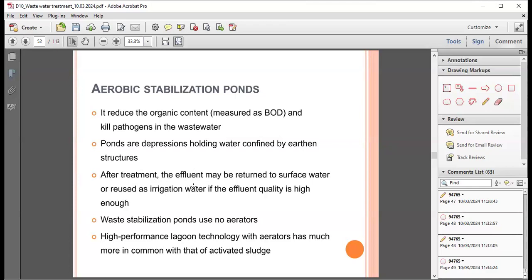Effluent means removing the sewage from the system. It is an important word, effluent, right? The effluent may be returned to the surface water or reused as irrigation water if the effluent quality is high enough. So understand that it can be reused as irrigation water.